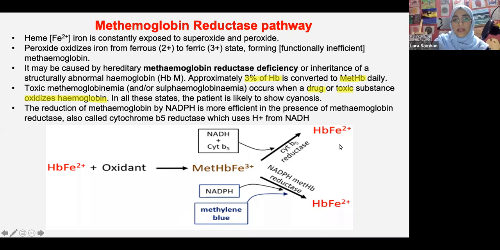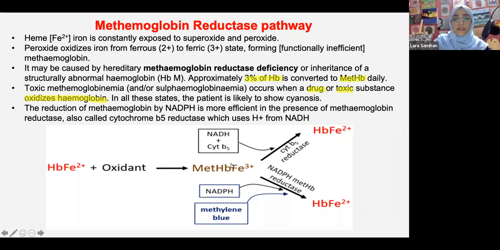Now, how does this actually happen? It happens by two enzymes, which are almost the same: the cytochrome B5 reductase and the NADPH methemoglobin reductase. Those two enzymes get reduced. In other words, they have an H over here, which reduces the methemoglobin Fe3+, the ferric type, all the way to the normal hemoglobin with Fe2+.